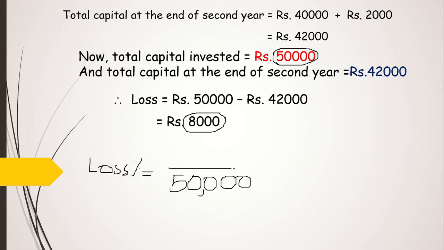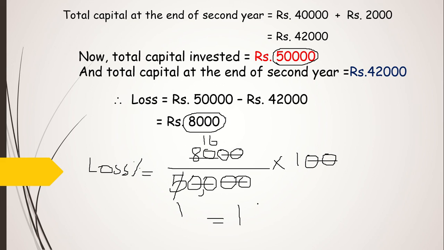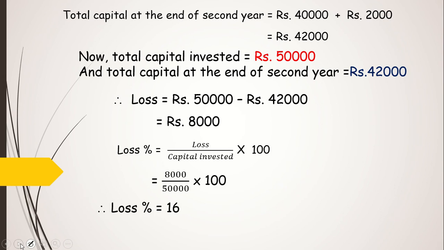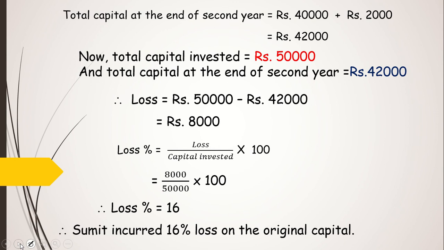On 50,000 there was a loss of 8,000. So on 100 how much? The two zeros go, the two zeros go. So it is 16%. The loss was 16% after the second year. So loss percent is 16. Sumit incurred 16% loss on the original capital. This is the final answer we have to write.